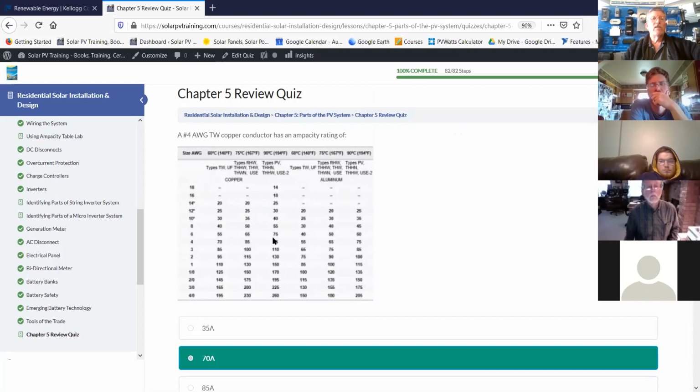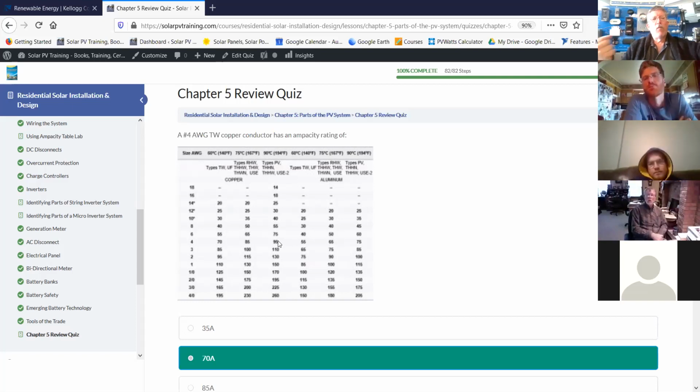So you'd say, okay, I'll just use 6 gauge wire. And that would make logical sense. But what you'll need to know is the termination rating on both sides of that wire, the pieces of equipment that you're connecting that wire to.